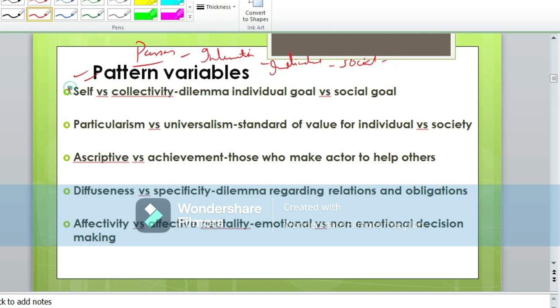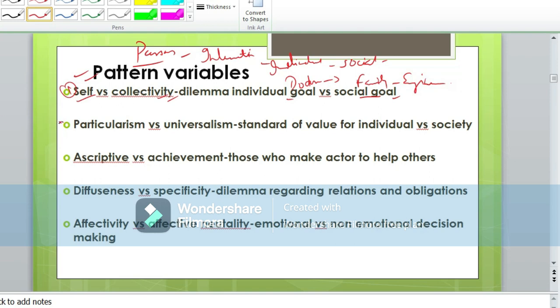So it happens when there is a dilemma between self and collectivity, when individual goals and social goals are conflicting. An individual wants to become a doctor, but his family wants him to become an engineer.